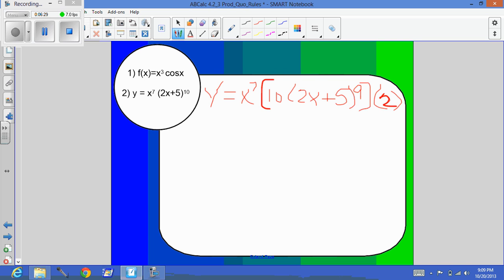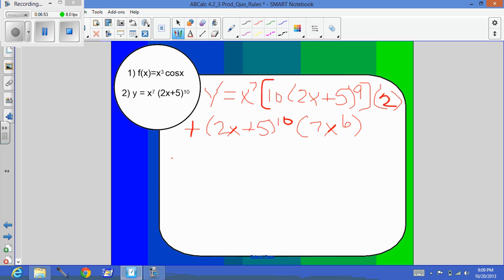Now all that is first times derivative of the second. We still have to do plus the second, 2x plus 5 to the 10th, times the derivative of the first, 7x to the 6th. So first times the derivative of the second plus the second times the derivative of the first.